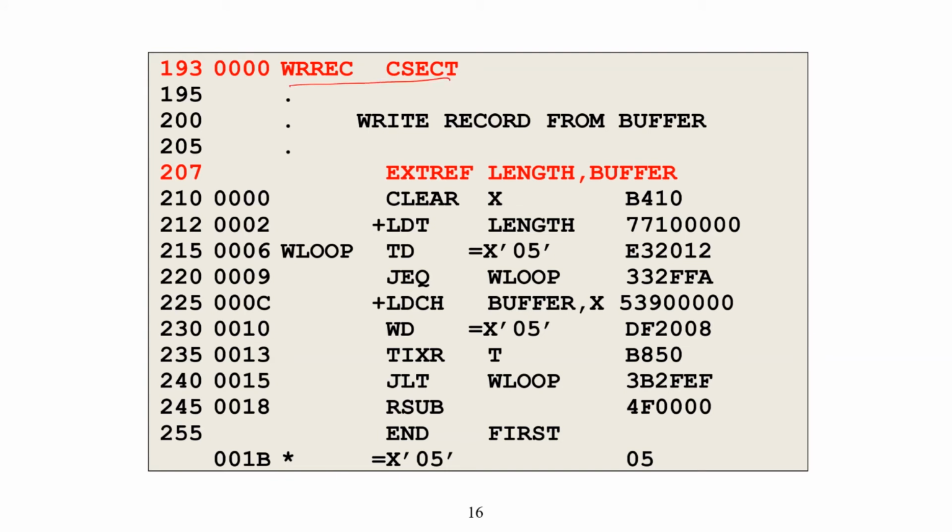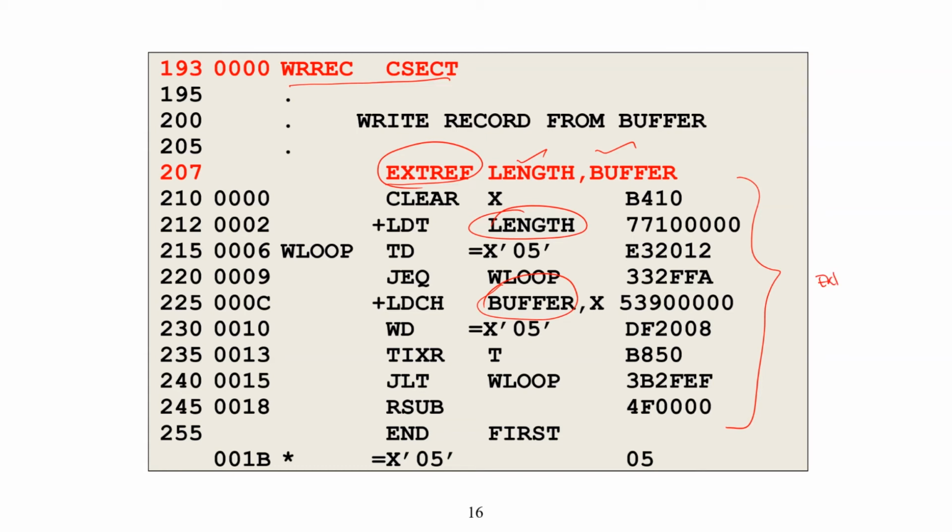You have another control section, write record. Here you have external references, that is length and buffer. Length is used here in the program, buffer is used here in the program. These two things are not defined here. They are defined in the first control section. So now we are clear about what is external reference and external definition.